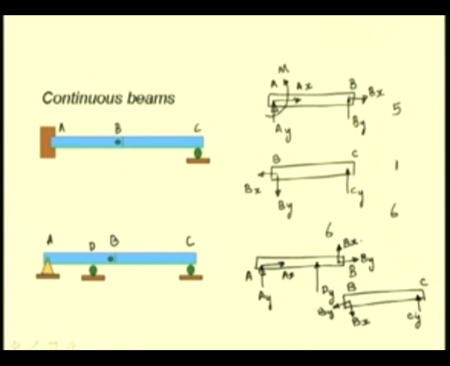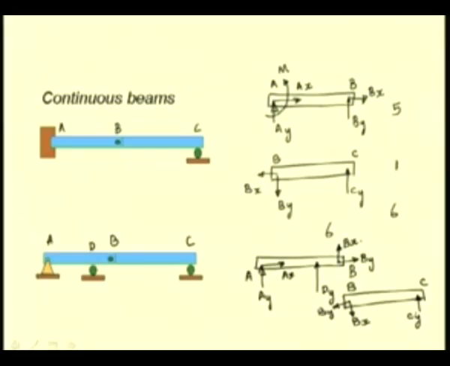So, let us count the unknowns that we need to determine and see whether we have sufficient equations to determine. From this free body diagram, we have to determine 2 plus 1 plus 2, a total of 5 reactions, and from this free body diagram only Cy is the additional unknown, since Bx and By have already been taken care of.